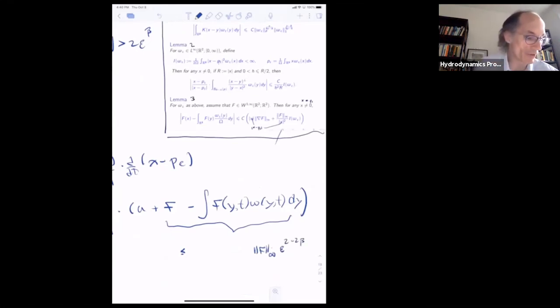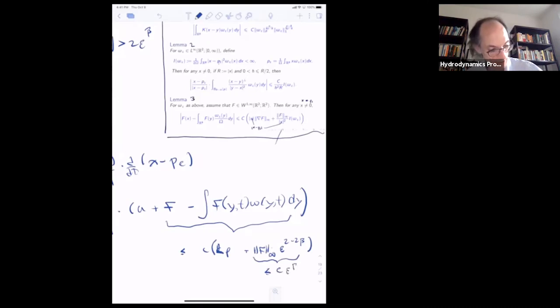From the other term, that'll give me a constant times rho, right? The Lipschitz norm L times rho times a constant. Okay, and then this is say less than a constant times epsilon to the beta.